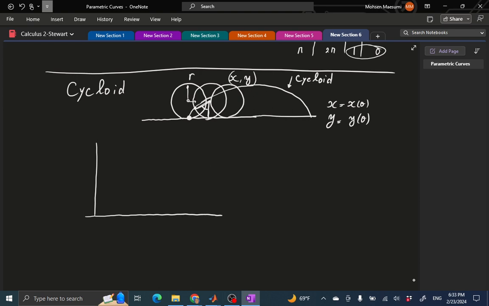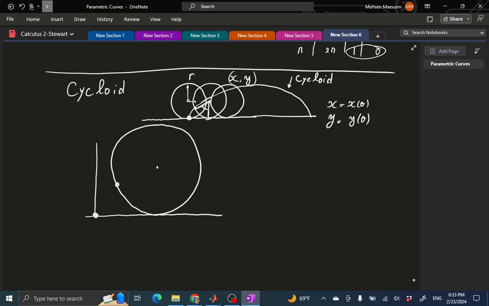So suppose that my circle has come here. The point was originally at this location. Now the circle or the tire has turned, and the point has come to this location.